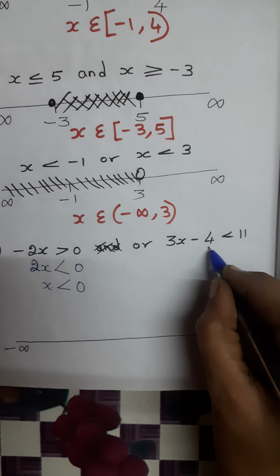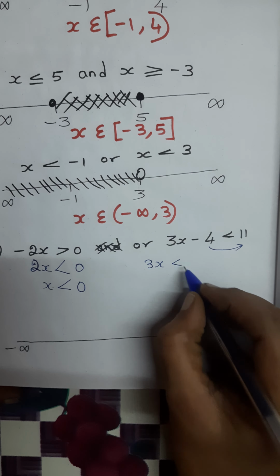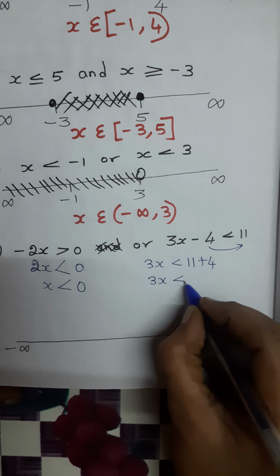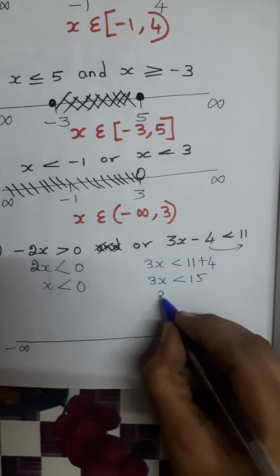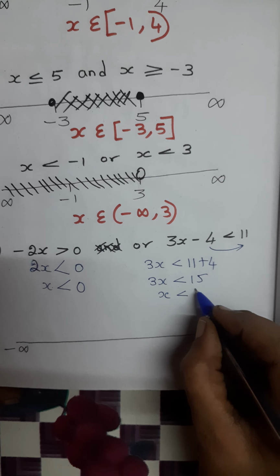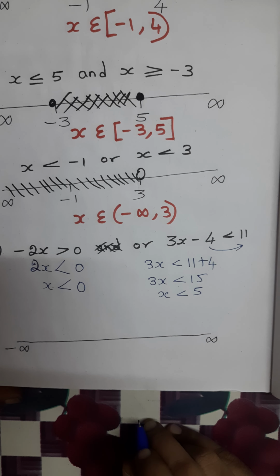First let me take this minus 4 to the other side. So 3x is less than 11 plus 4, 3x is less than 15. That is x is less than 15 divided by 3, that is 5. So we have x is less than 0, and x is less than 5.